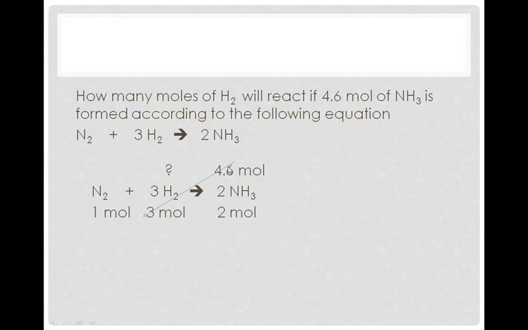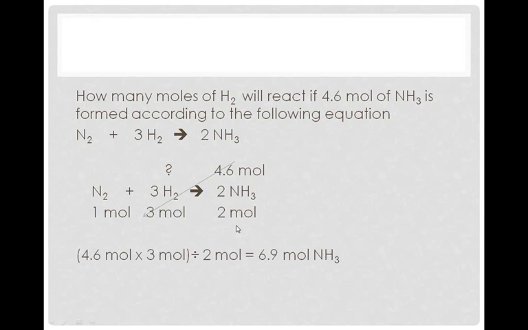So we multiply the 4.6 times 3, and then we divide it by the 2, just like we have right here. So we take 4.6, multiply it times 3, divide it by 2, and we come up with 6.9 moles of NH3. 4.6 and 6.9 is in a 2 to 3 relationship.